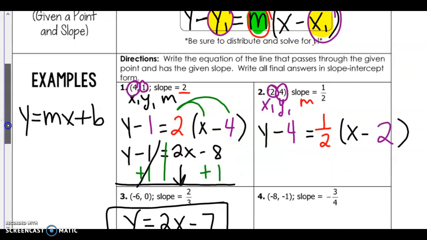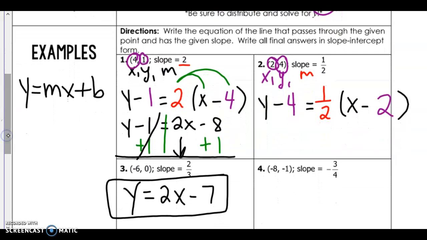Now, again, we need to distribute. You're going to distribute that 1/2 to the x. Remember you can't do it in your calculator, so it's just going to be 1/2 x there. And then when you distribute the 1/2 to the negative 2, you can do that in your calculator.